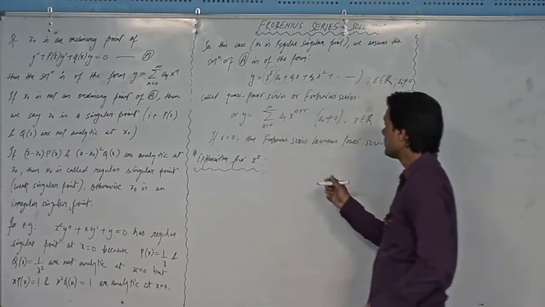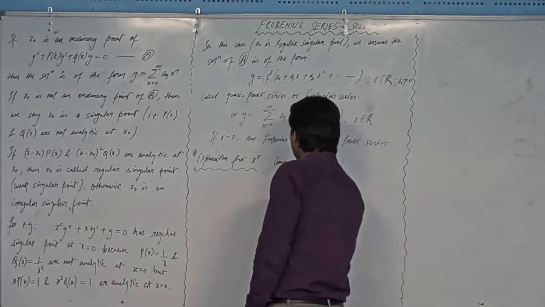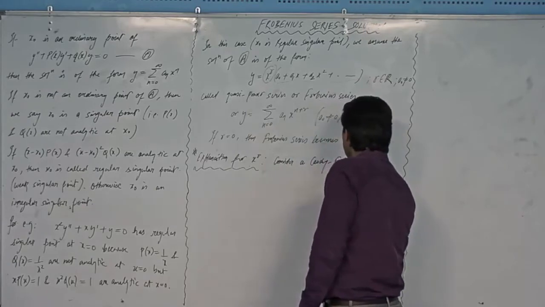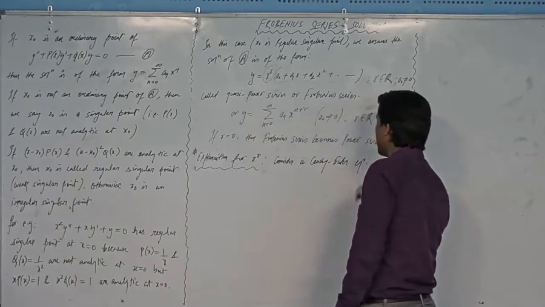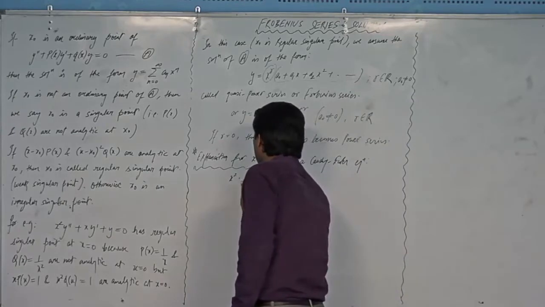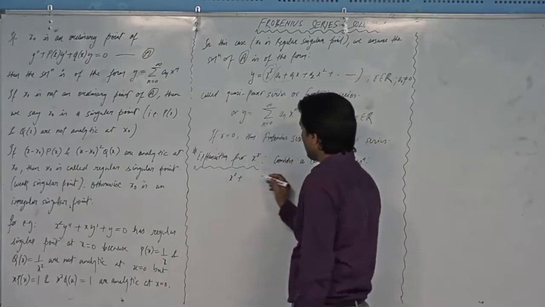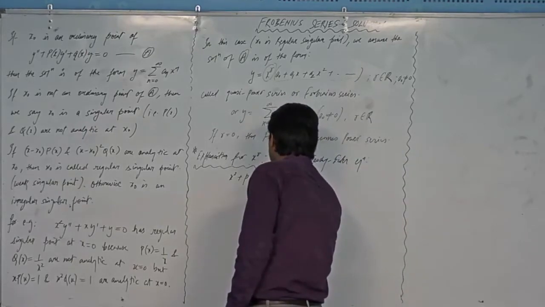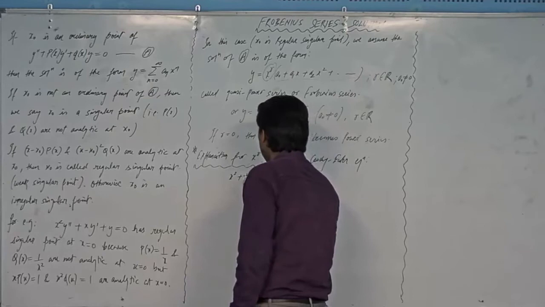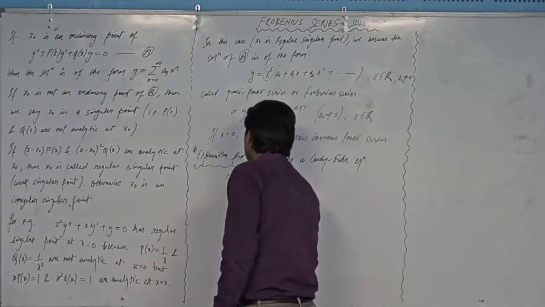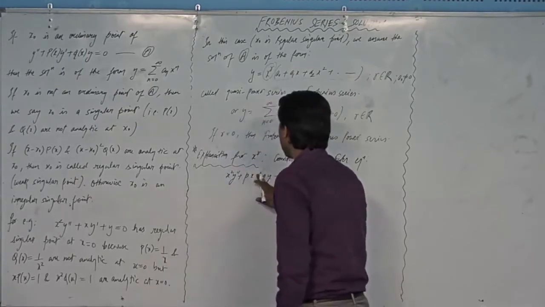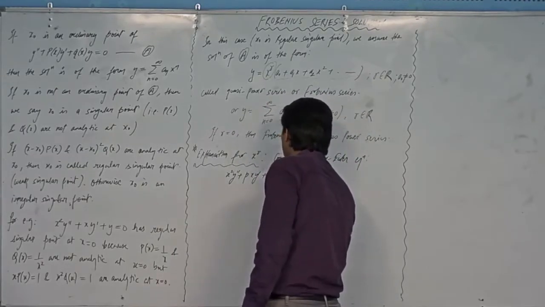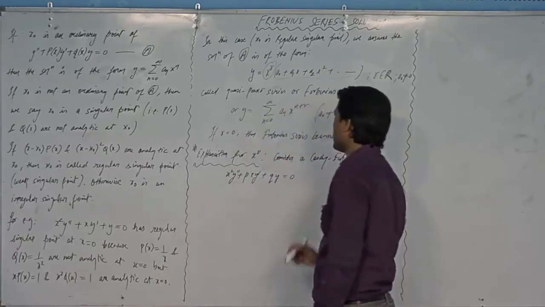So consider the Cauchy-Euler equation: x square y double dash plus p x y dash plus q y equal to 0, where p and q are constants, right?